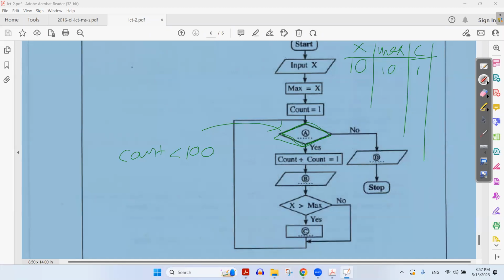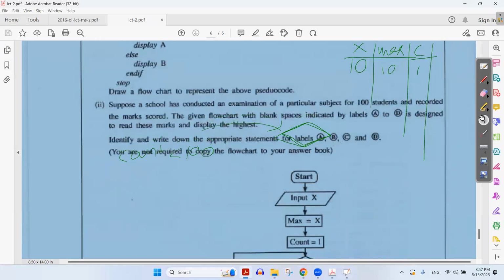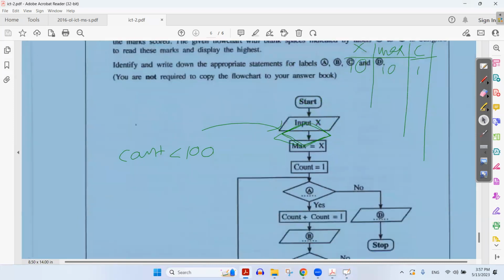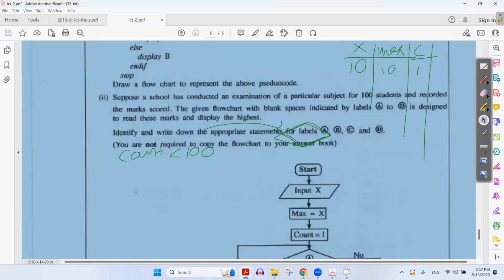Have they suggested the wordings over here? No. Yeah, count equals count plus 1 can be there.